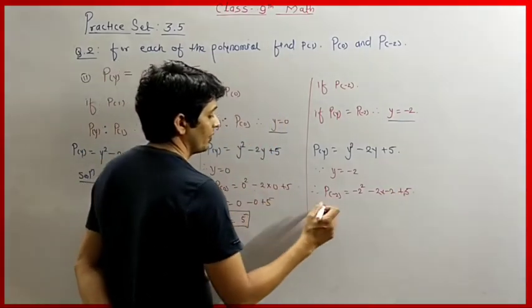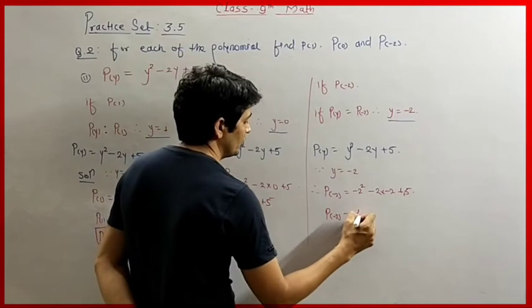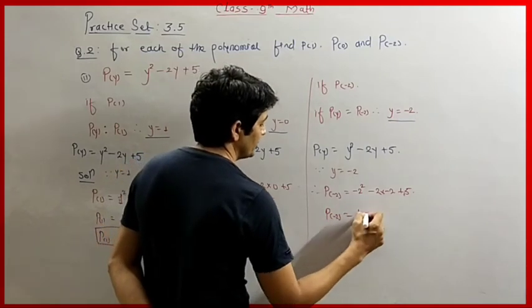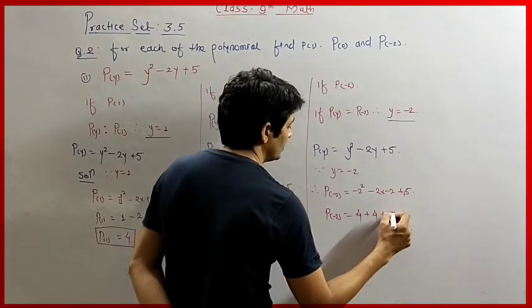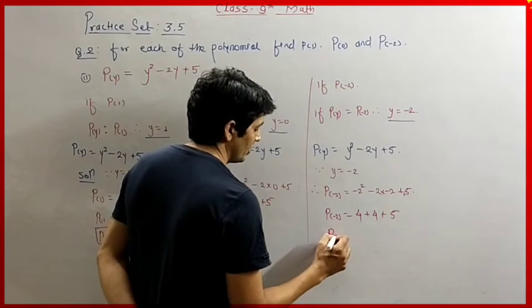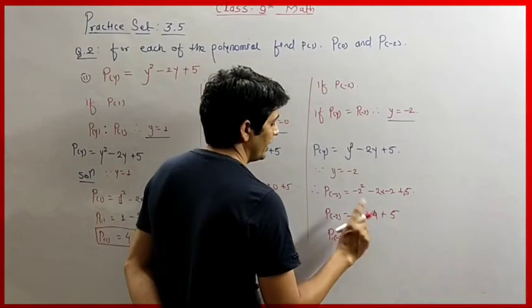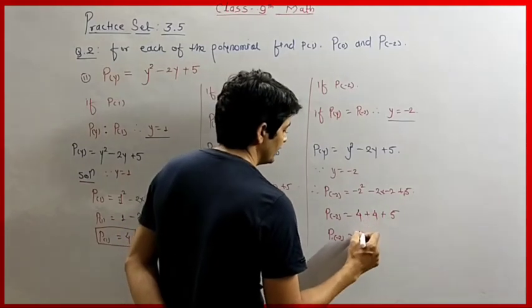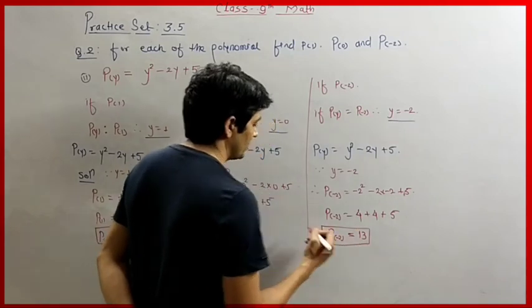Square of minus 2 is 4, minus into minus is plus, 2 2s are 4, plus 5. So P minus 2 equals 4 plus 4 is 8, 8 plus 5 is 13. Okay, so this is our third answer.